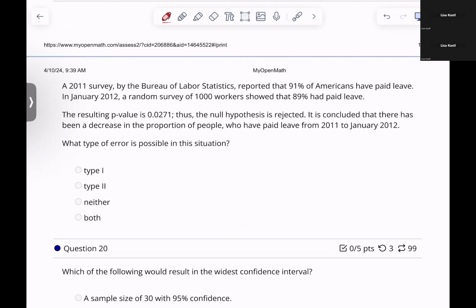It's concluded that there has been a decrease in the proportion of people who have paid leave from 2011 to 2012. So what kind of errors possible in this situation? Why is it a type 1? That rejected when it's true. The only way you can get a type 1 error is if you reject the null when it's true. If you're rejecting, that's the only type of error you can get.